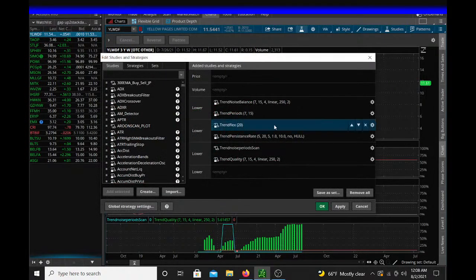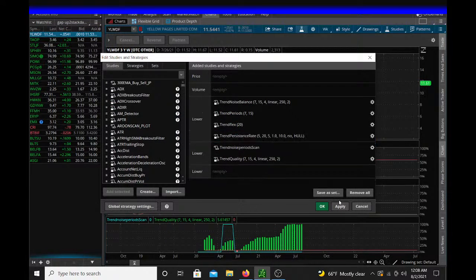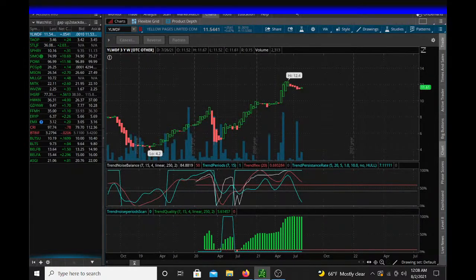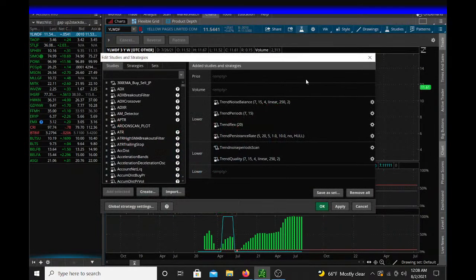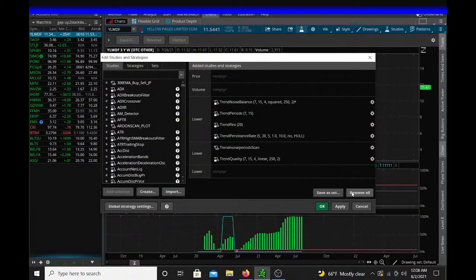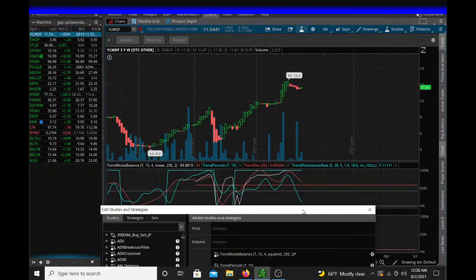Now let's stack some more info on top of itself. Let's try to confuse ourselves as much as possible. Okay. And I notice this is noise type linear. Let's check out that noise type squared. Let's watch the change here.